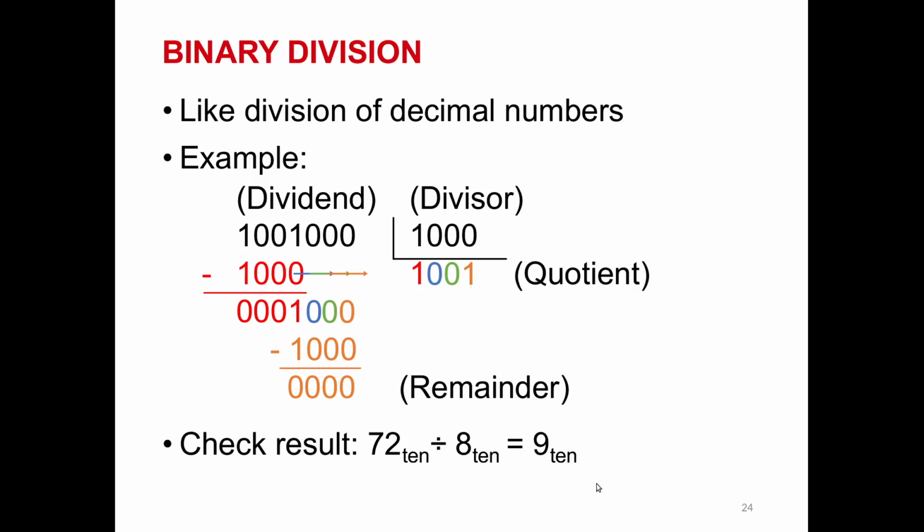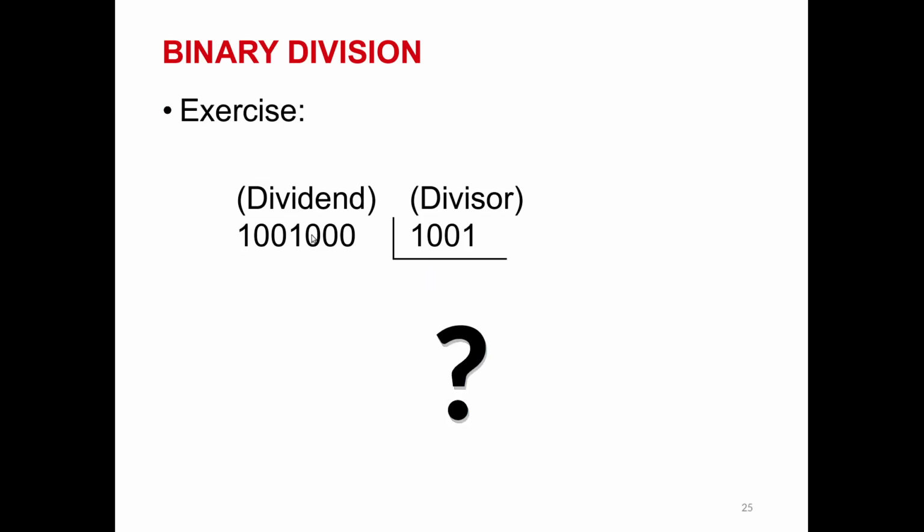Our next example is this division. We take the same value 72 or 1001000 in binary, and we divide by 9, or in binary it is 1001, and we do the same.